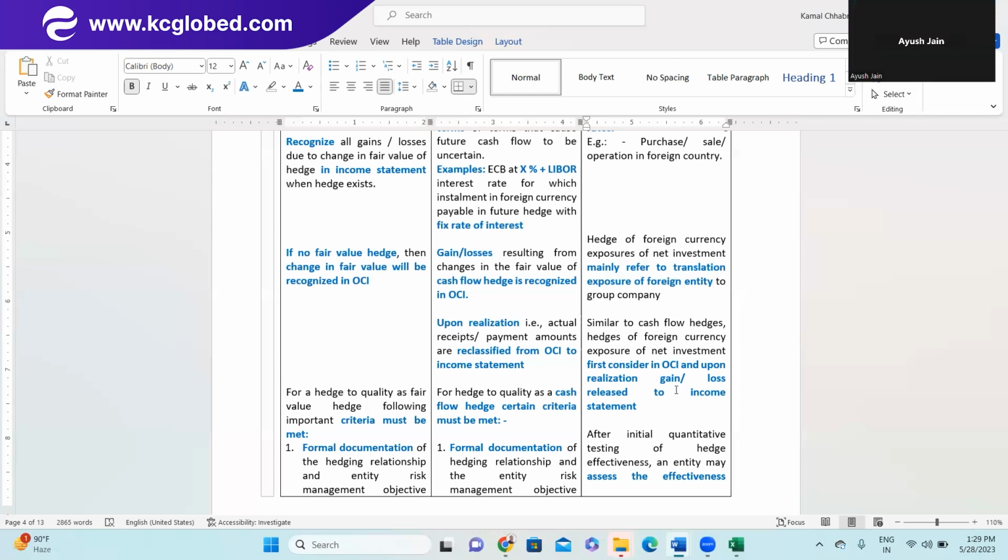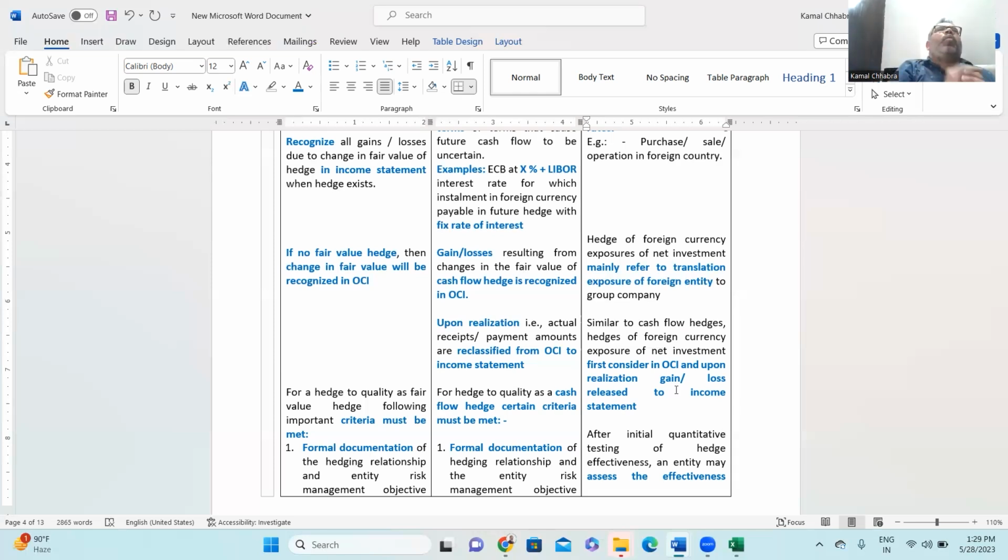For example, when I was auditing Indorama Nigeria back in 2015, the parent company, Indorama US, had its financial statements in US dollar. They had made an investment and set up Indorama Nigeria. Indorama Nigeria was making its financial statements in Naira, the local currency.